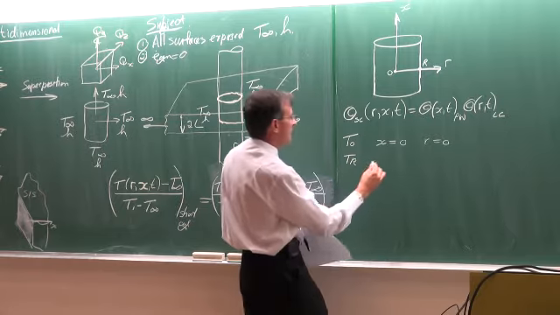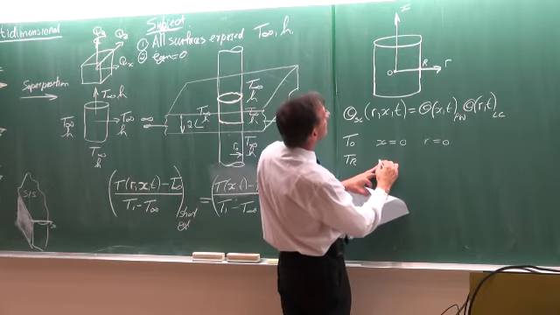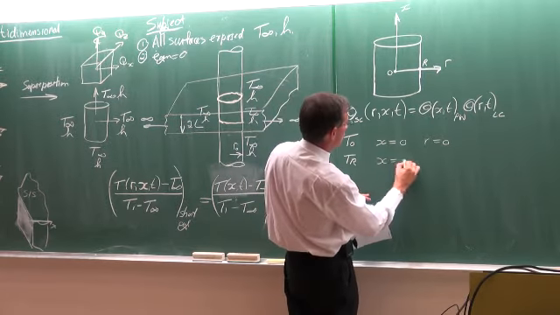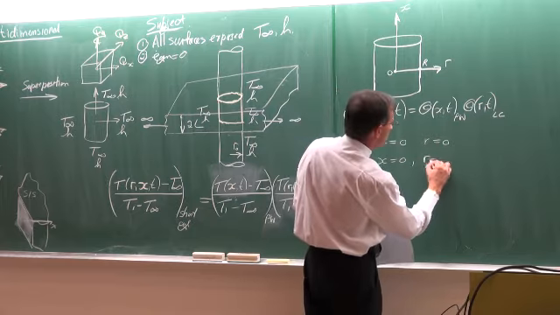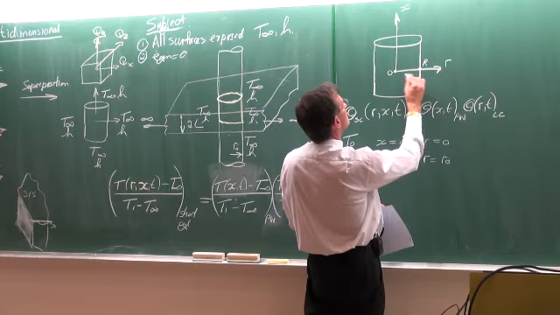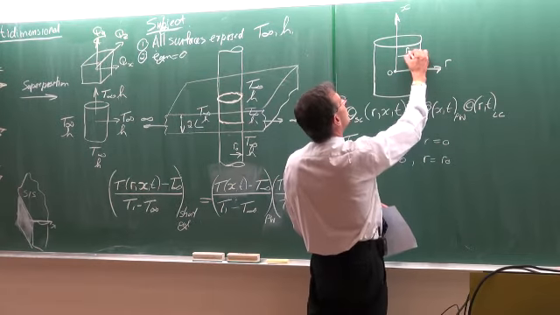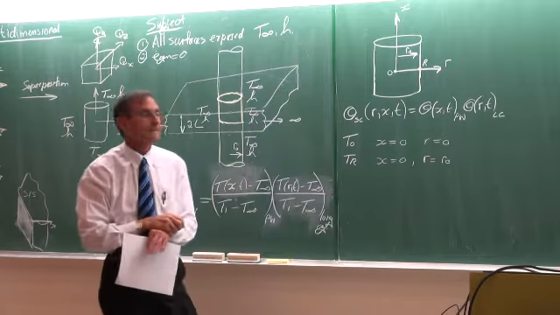The next one is, let's suppose we are interested in the temperature at that point there. The temperature at that point would be when X is equal to 0 and R is equal to R0.